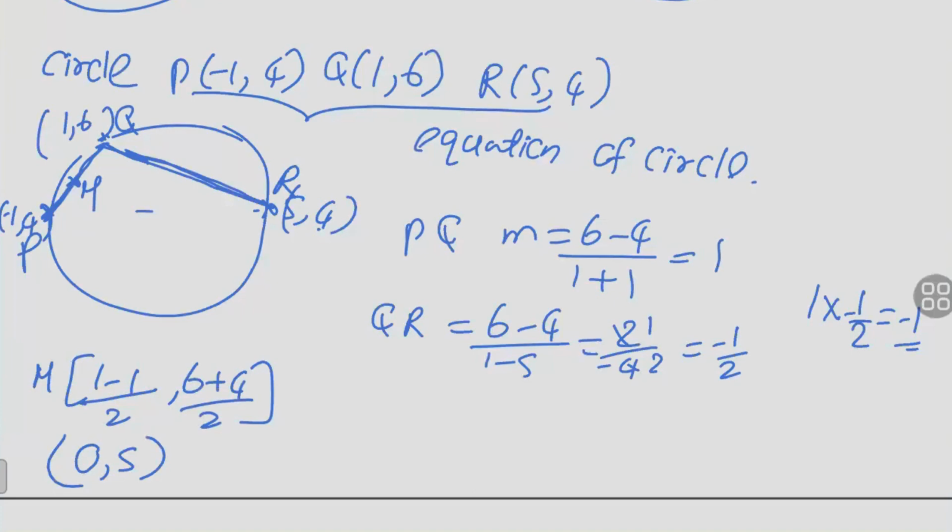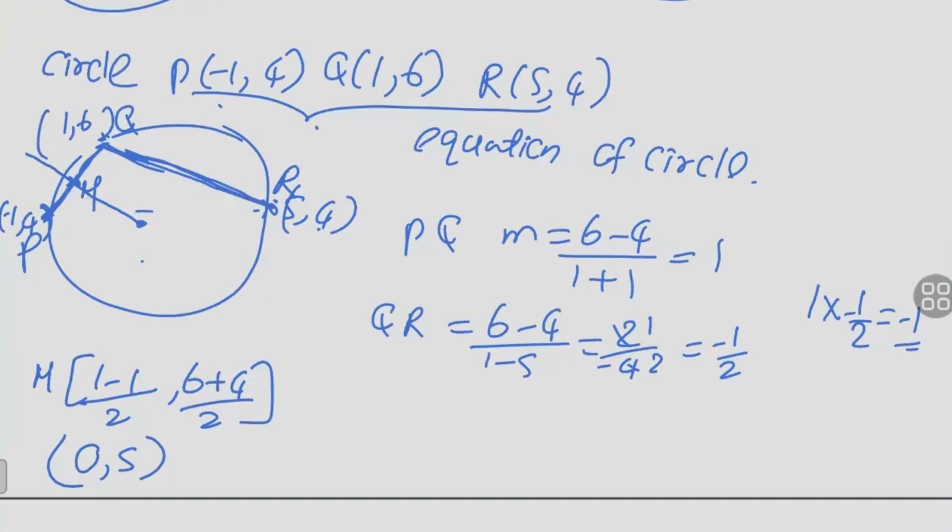The PQ gradient we found is 1, so this is the perpendicular bisector. In a circle question, the main purpose should be to find the center. We should know that the perpendicular bisector of a chord should go through the center.